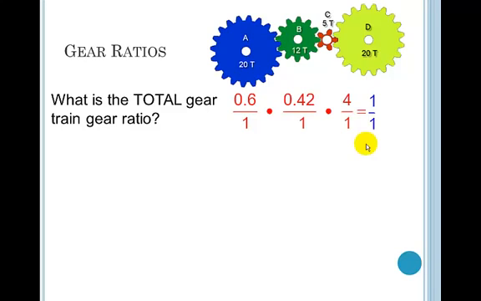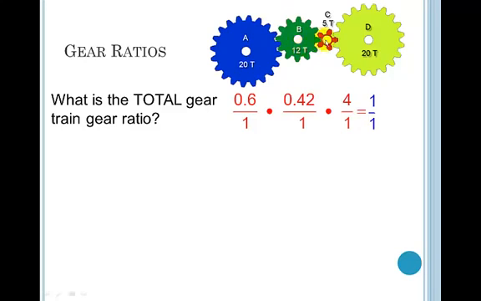I don't want you to miss this, guys: the gears in the middle are all on different shafts. None of these are stacked on the same shaft. Remember that this was the output and the next time it was the input, so it cancels each other out.